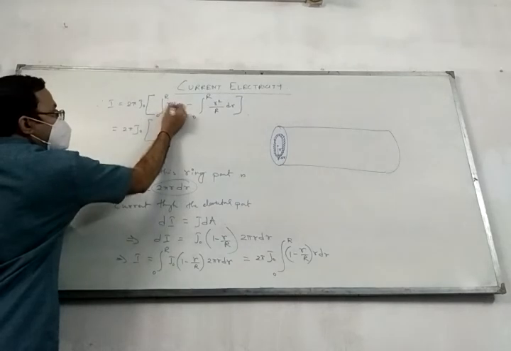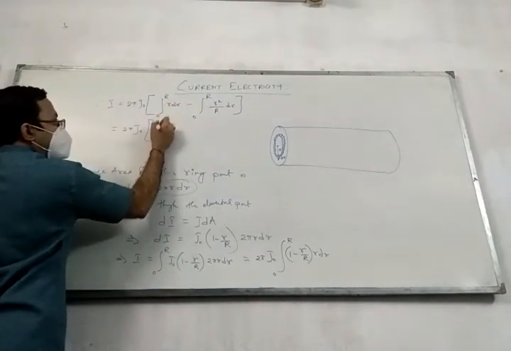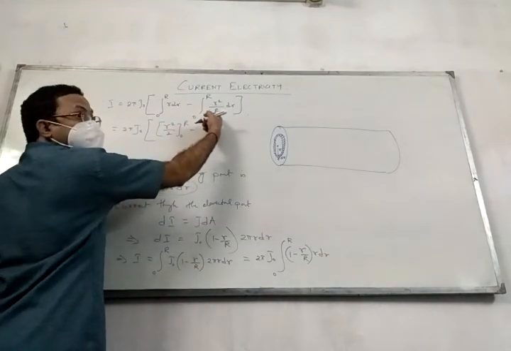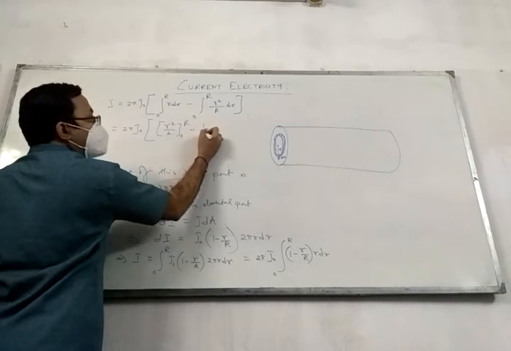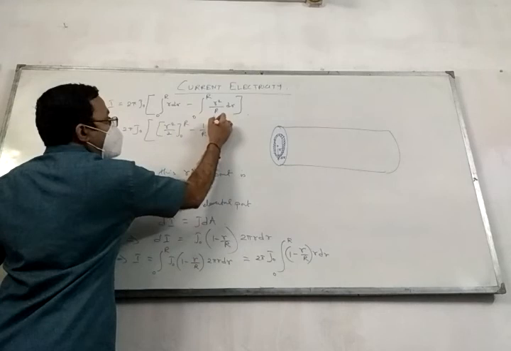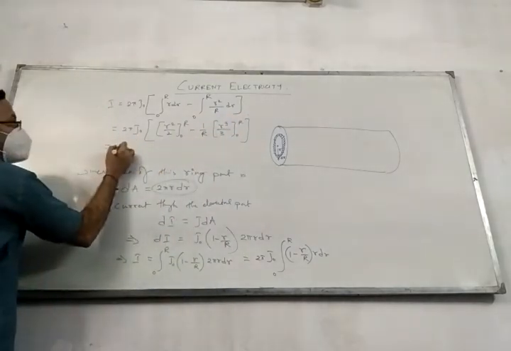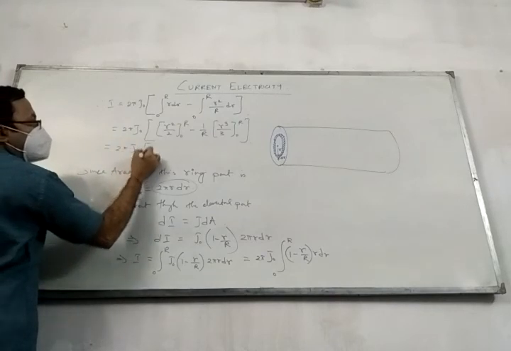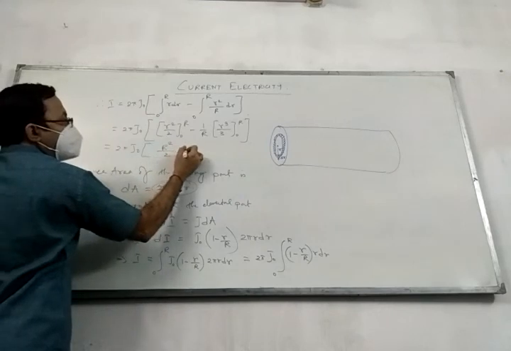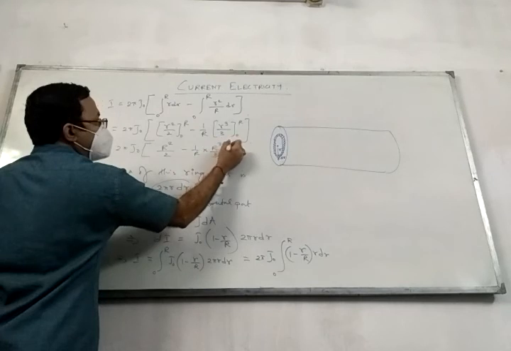So integrating r dr, what will we get? r square by 2, from 0 to R, minus, this is a constant, we can take the constant out, integrating r square gives r cube by 3. Putting capital R here, we get R square by 2 minus 1 by R into R cube by 3.